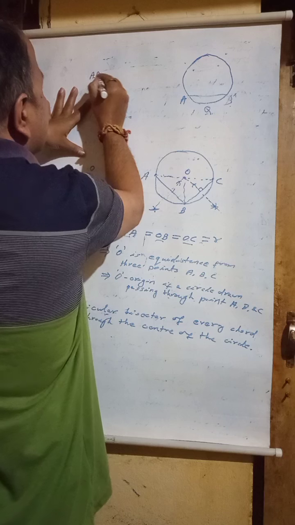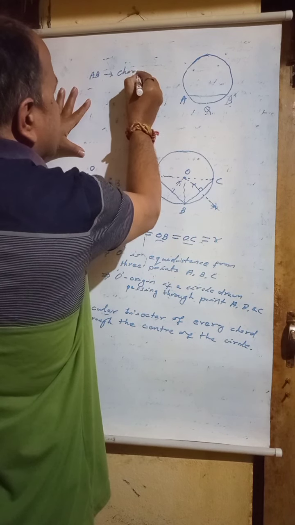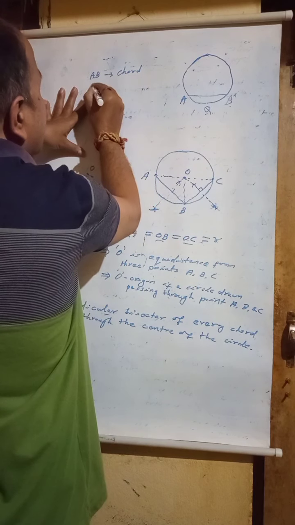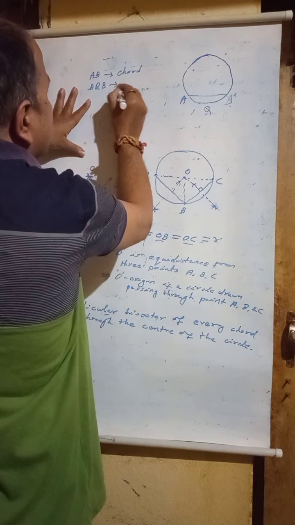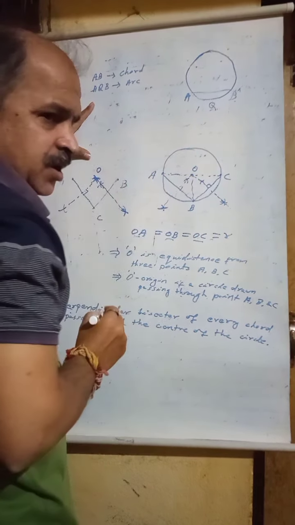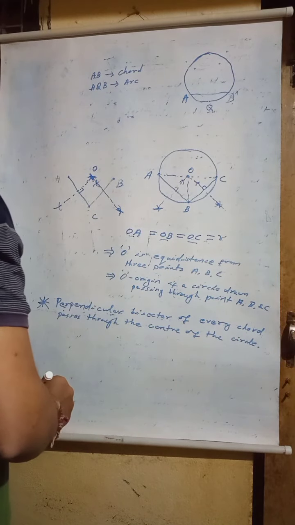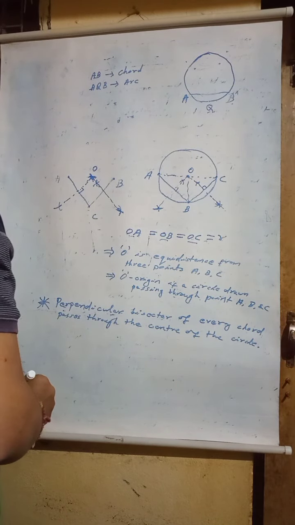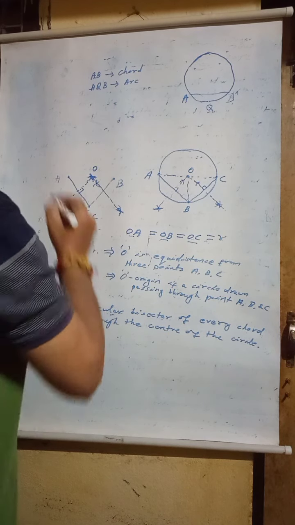Then AQB is the arc, the arc of the chord AB. Equal chords have equal arcs.